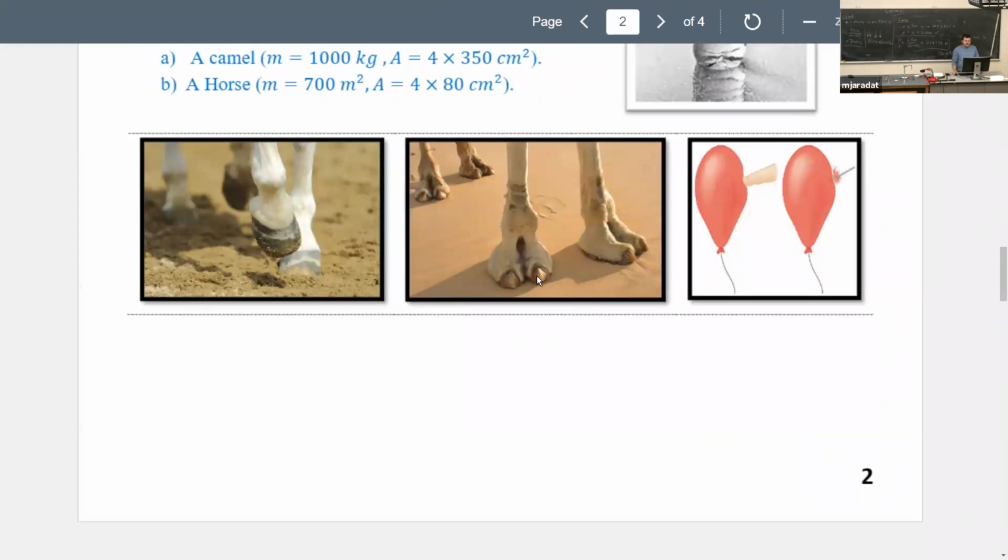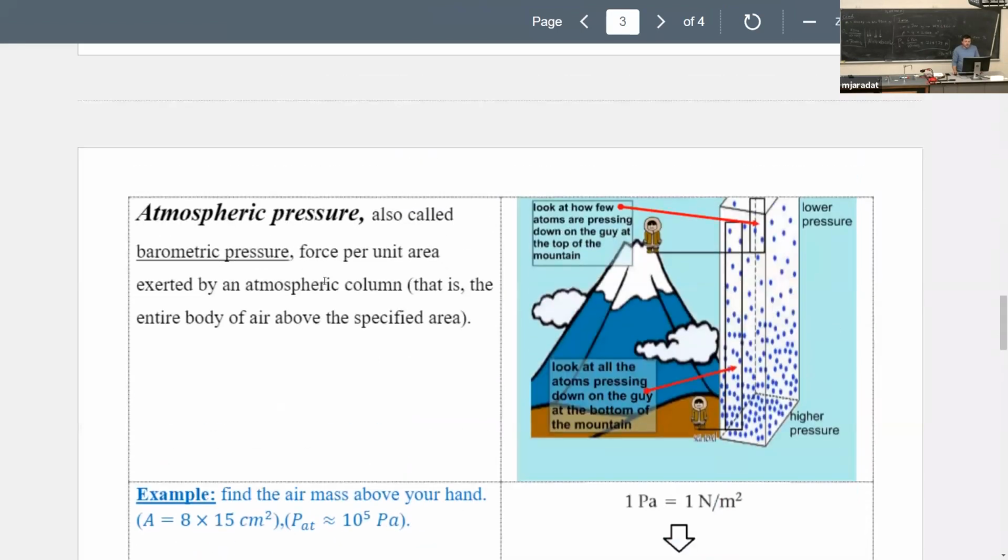Here you can see the camels who cannot go inside the sand, not like the horse. Okay, air pressure, or atmospheric pressure. The highest of the atmospheric layer around the earth is not determined by a number. It will go to infinity, but the density of air particles at the top will go to 0.